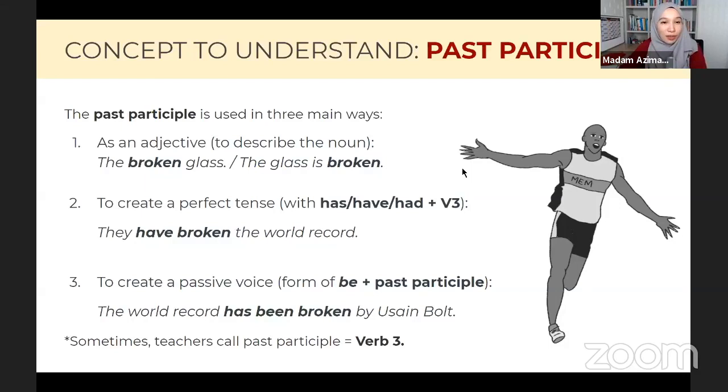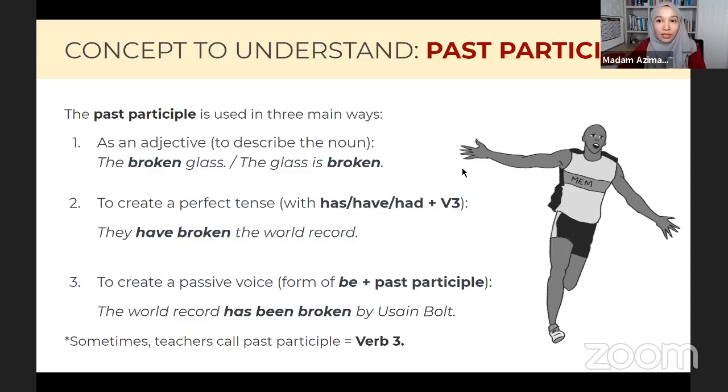And then the past participle is used in 3 main ways. So I'll just tell you that it can also be used as an adjective to describe the noun. So the broken glass, glass is a noun. Broken is like, oh, broke, broken. You see that? Broken, it's past participle, but here it is used as an adjective.